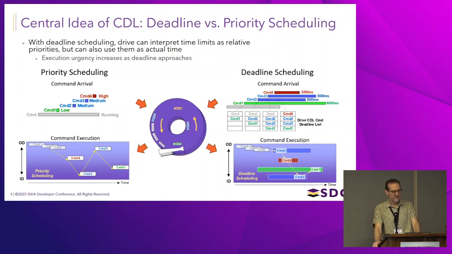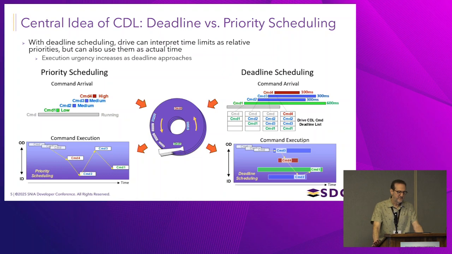It's going to skip command 1, execute command 4 first, and then it's going to pick up command 2 because it's the same priority as command 3. And so it goes. So it's using this priority scheme without really being aware of time or any direction from the host on time. It's just using the priority.